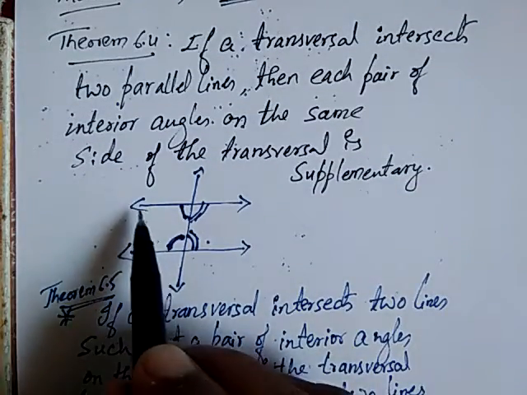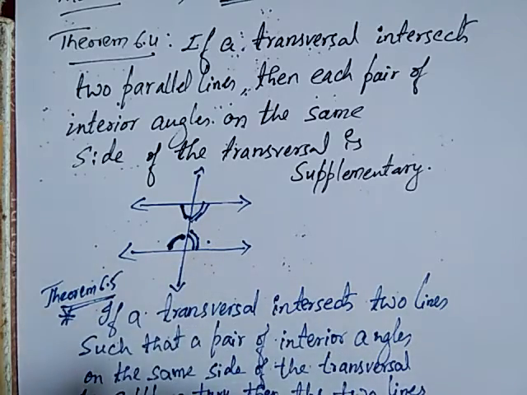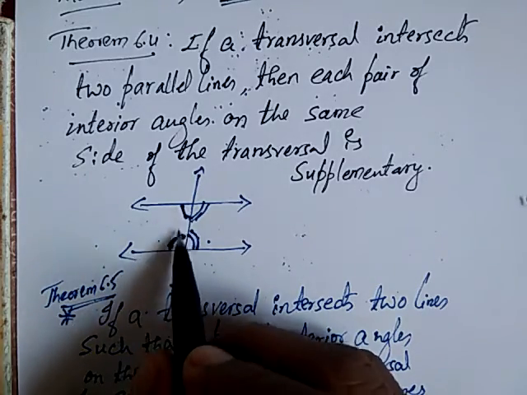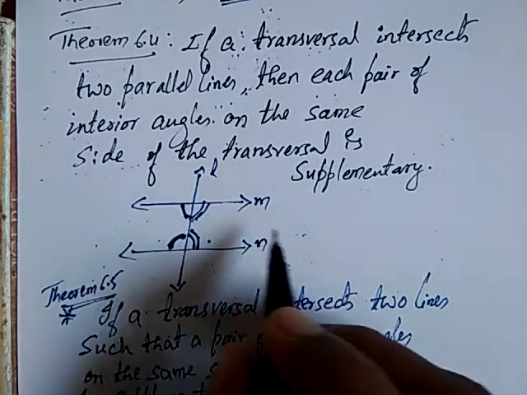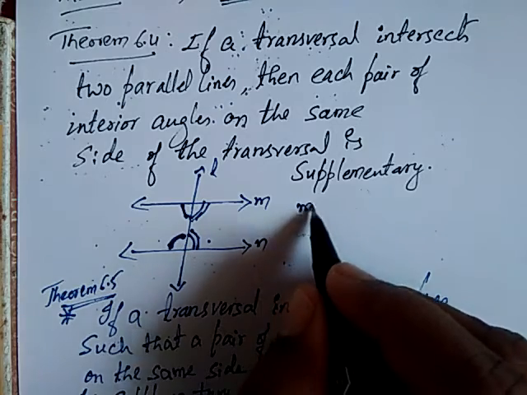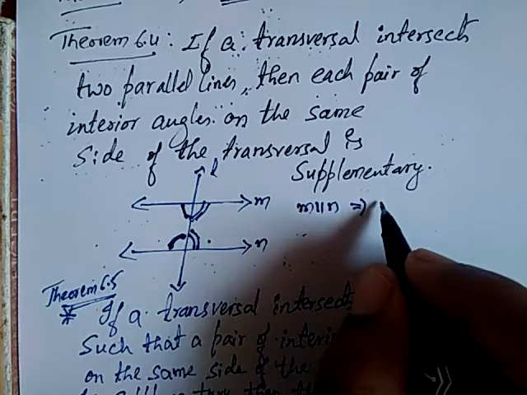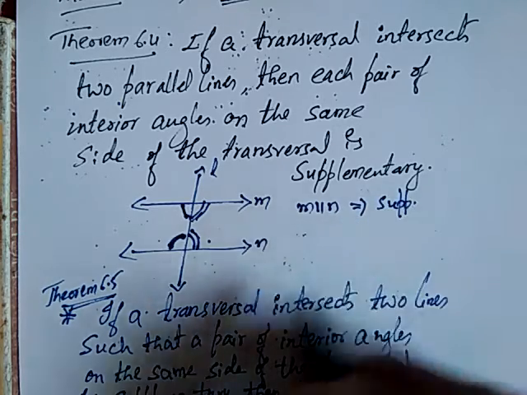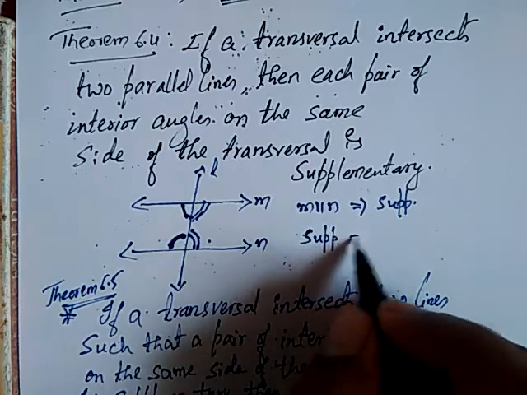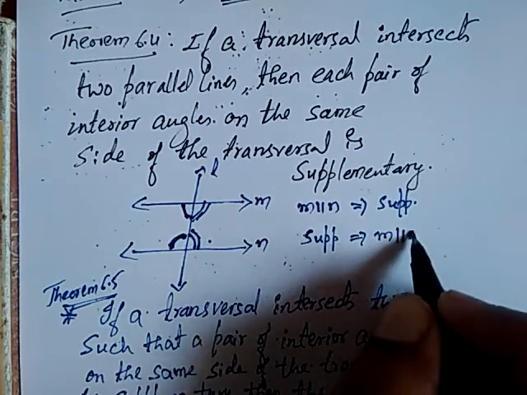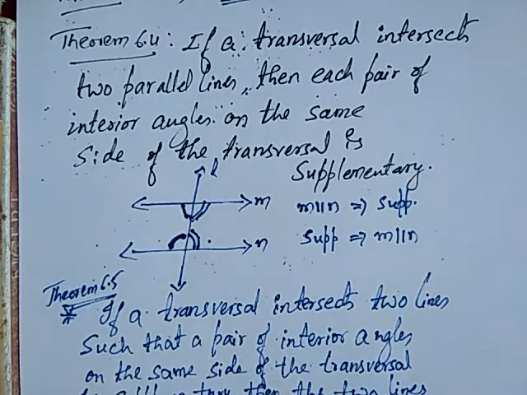So when M is parallel to N, it implies the angles are supplementary. And when the interior angles on the same side are supplementary, it implies M is parallel to N, meaning line M is parallel to line N. So this is what we are having.